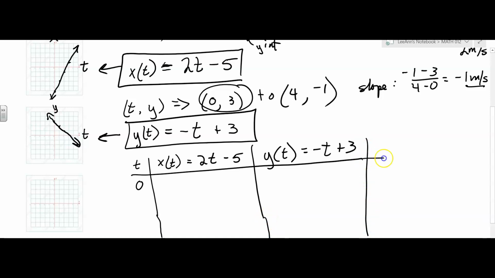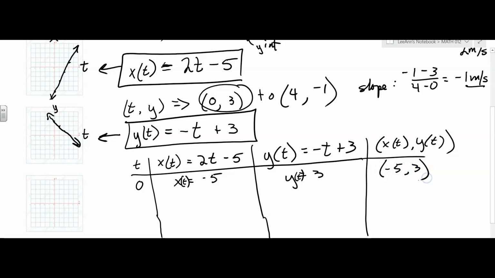We don't have any negative time here. So when you plug in 0, you get an x of -5. You get a y of 3. And so the ordered pair, x of t, comma, y of t. Now it's all messy. So -5, comma, 3. And we knew that that's the position where it was starting. They told us that in the directions.